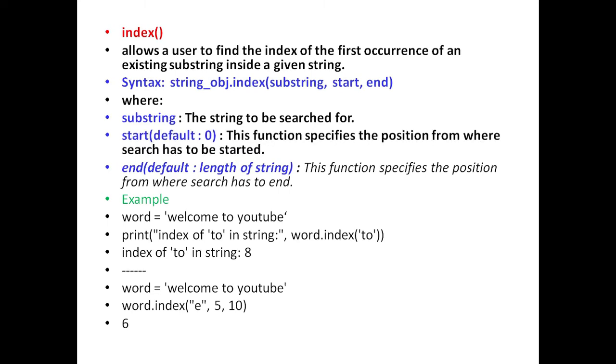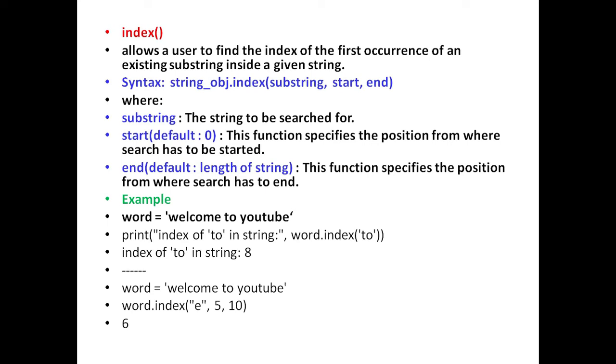Start specifies the position from where the search has to be started, and end specifies the position where the search has to end. For example, if word equal to "welcome to YouTube", and if we print word dot index "to", it will print 8 since the index position of "to" starts from 8.